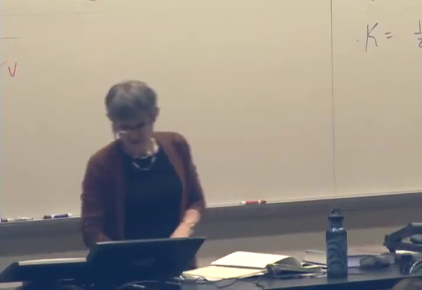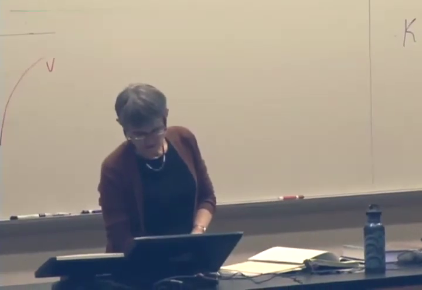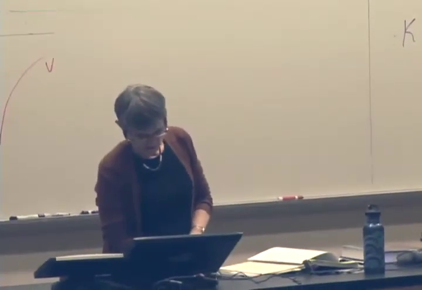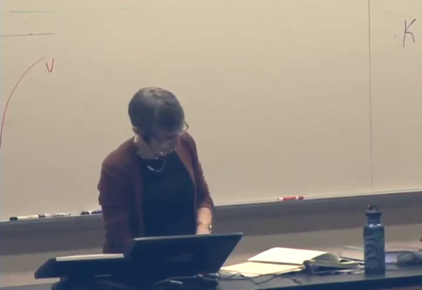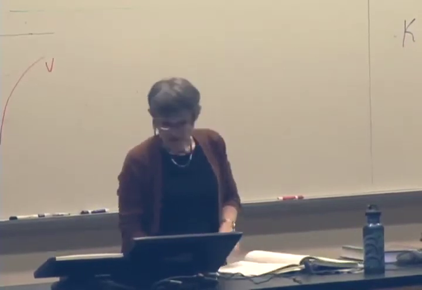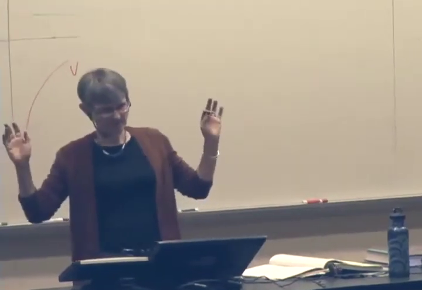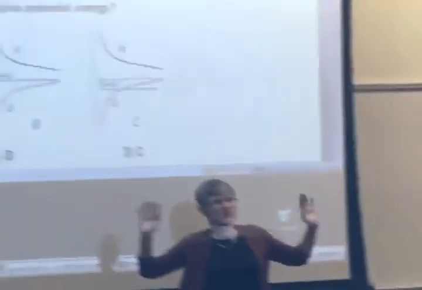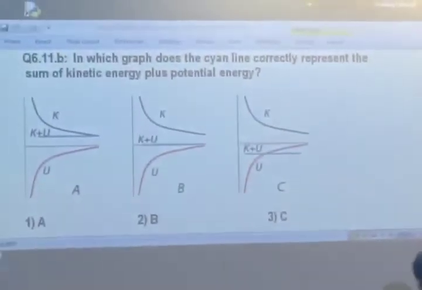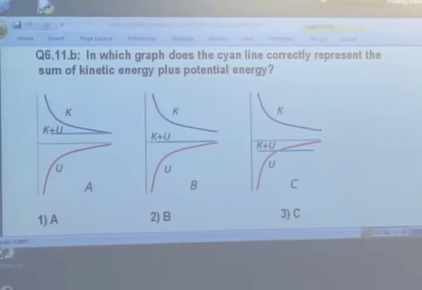Let's actually just look at one question to make sure we're clear on adding graphs. Here are some graphs of kinetic energy for some system, not necessarily this one. Kinetic energy, gravitational potential energy, and the sum.